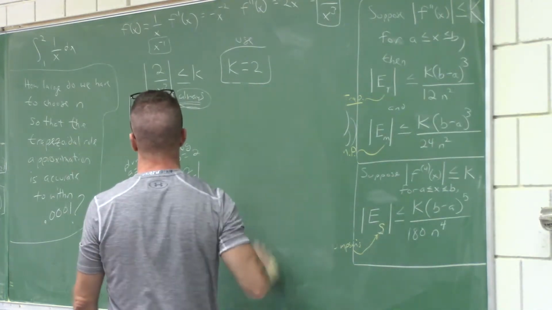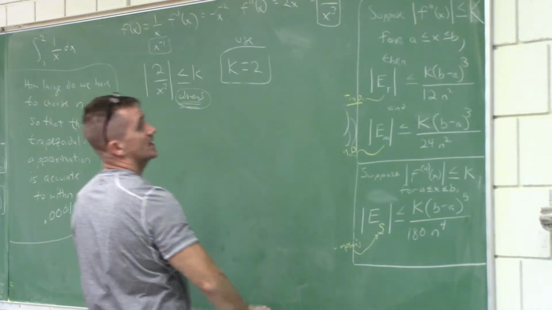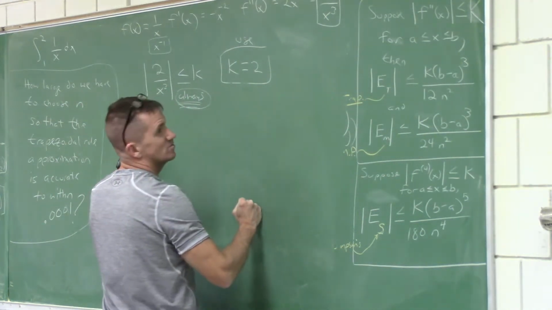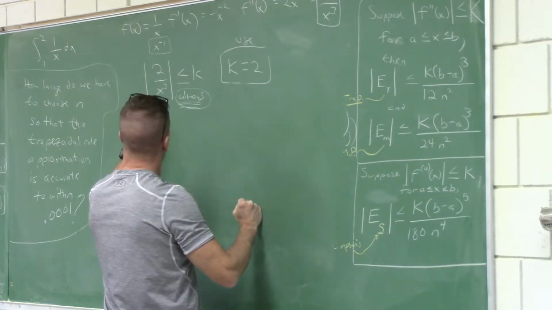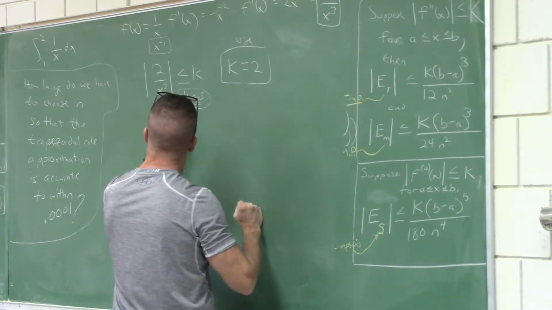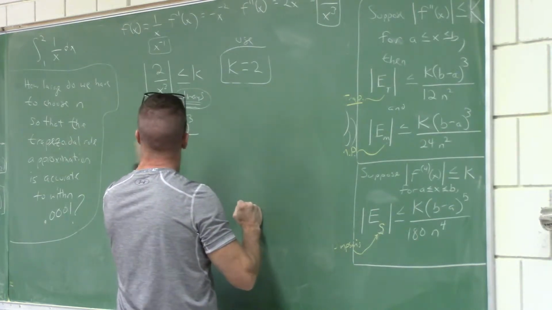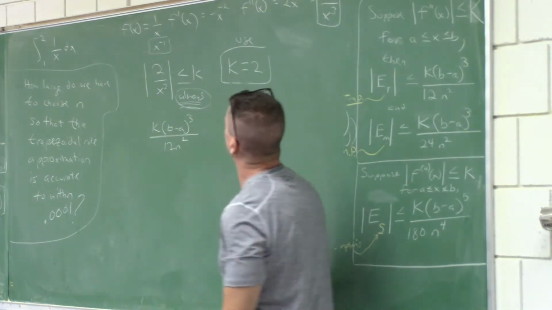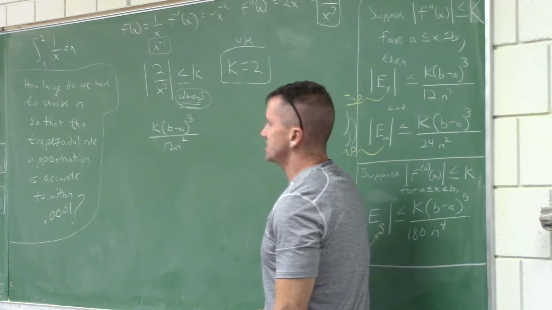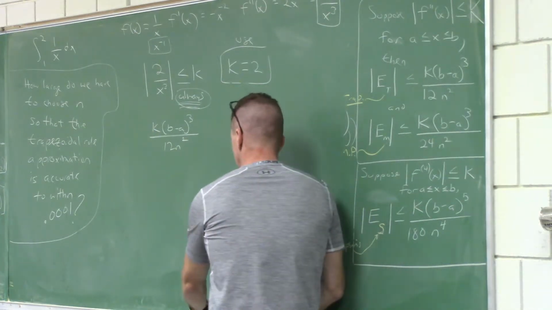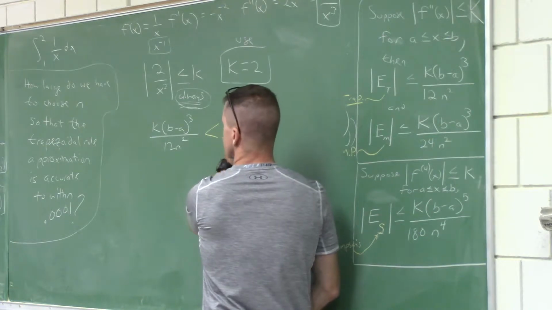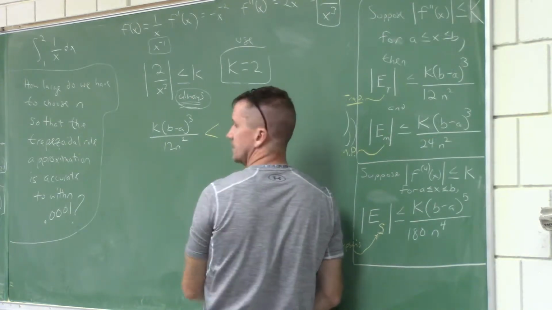All right, now, let's write this out. What do we have here? This error, which is what? K times b minus a cubed over 12n squared. And we want to know when it's always less than how much? 0.0001.